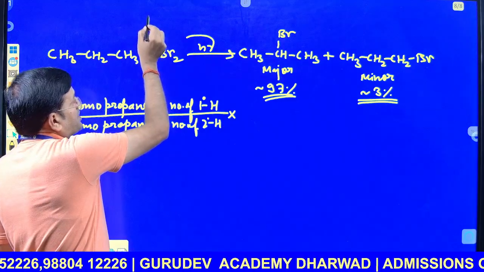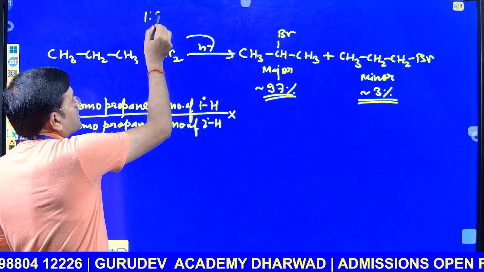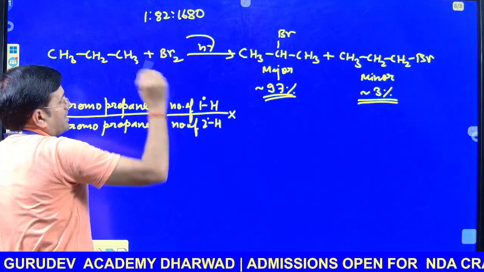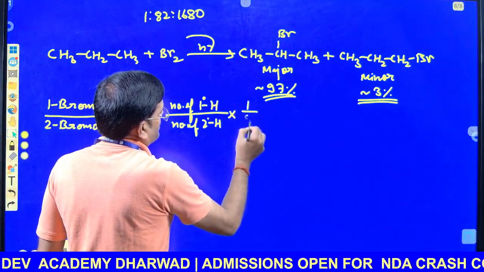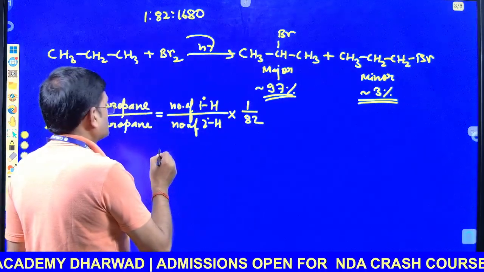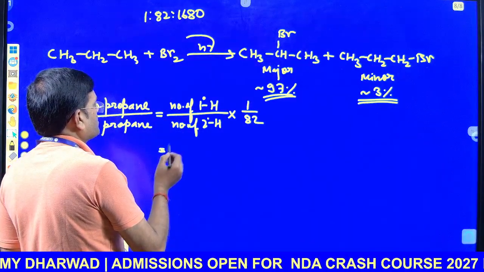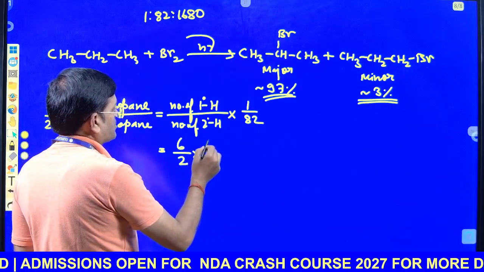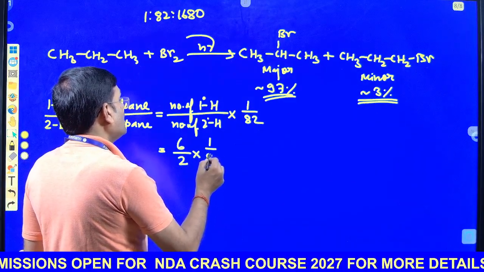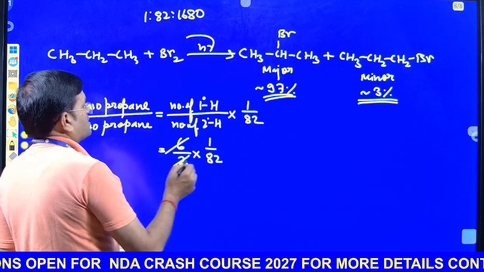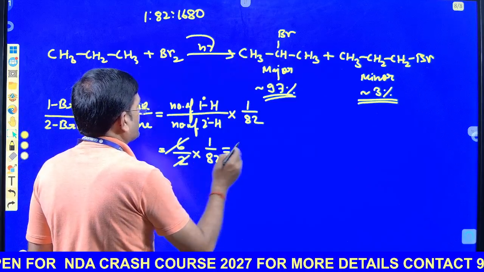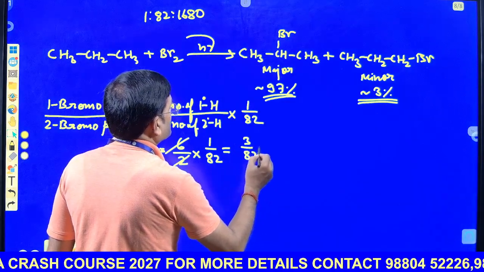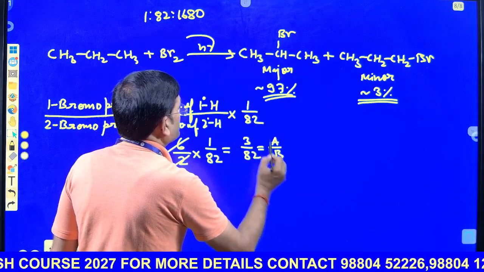And what I said, the reactivity in bromination, 1 is to 82, means 1 divided by 82. Now see, put the numbers. Primary hydrogen is 6, secondary hydrogen is 2 into 1 divided by 82. So you can manipulate it a little. So you will get 3 by 82, that is, let us assume A by B.